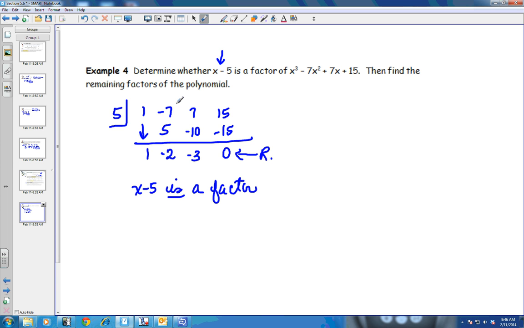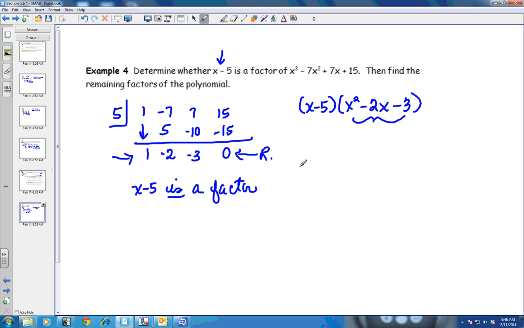And then when it says find the remaining factors, I need to write the answer that I would have for this. So first of all, I know that x minus 5 worked. Now I'm going to write down my answer. Since it started off as x to the third, this one would start off as x squared minus 2x minus 3. And when it says find the remaining factors, they want us to factor that last part.